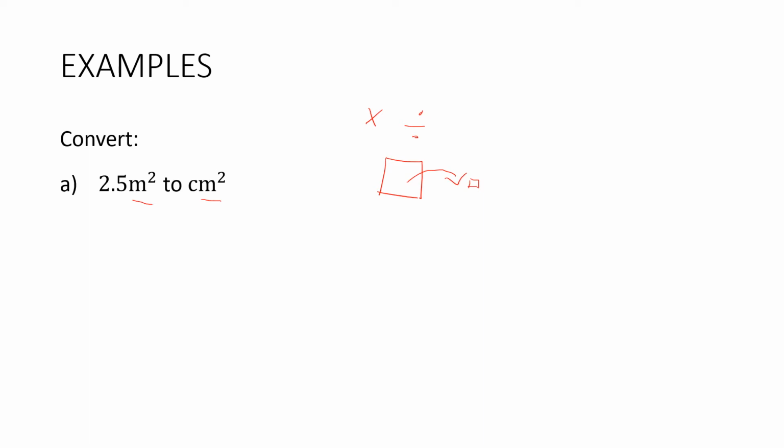The way in maths to get more things is to multiply. So I want to times by the conversion factor, and I want to times by the conversion factor twice because they're area units. All right, how many centimetres are there in a metre? There are 100. So I'm going to do 2.5 times 100, that's my conversion, squared, which gives me 25,000 centimetres squared.